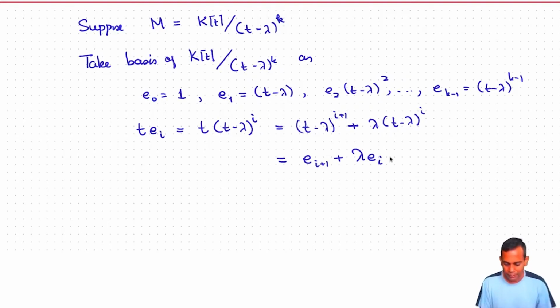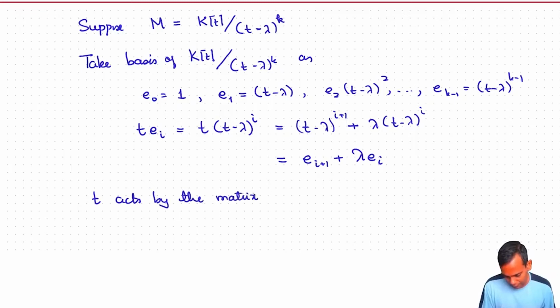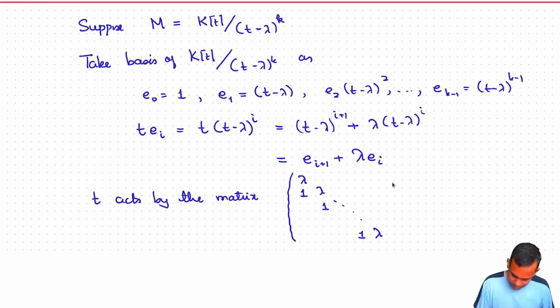So if you write down the matrix of this, then T acts by the matrix that has lambdas along the diagonal, and just below the diagonal it has ones. It's a k by k matrix.